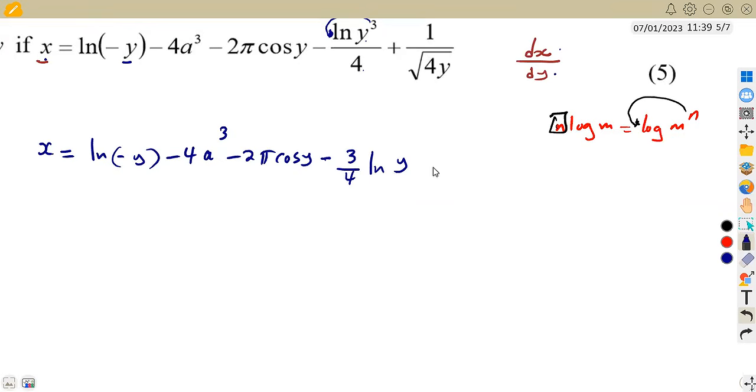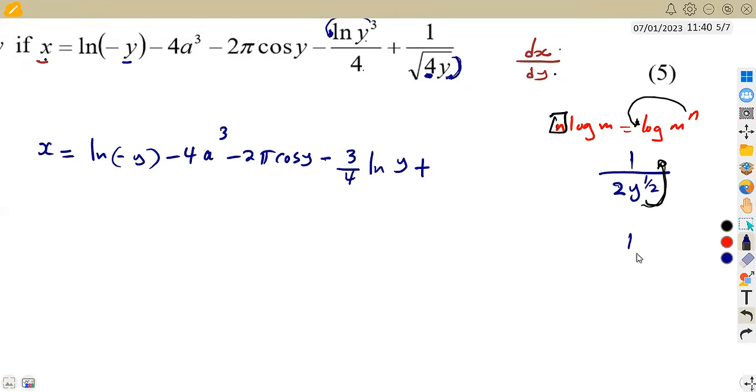Here from your laws of exponents, you can also simplify. This is same as square root of 4y. So square root of 4, we know square root of 4. So this is going to be 1 over 2. Square root of 4 is 2, but we do not know the square root of y. So y is going to remain as to the exponent of a half to represent the square root of y. Then like I said, it must be written on top. So the moment we take this on top, remember what I said, it takes a negative.